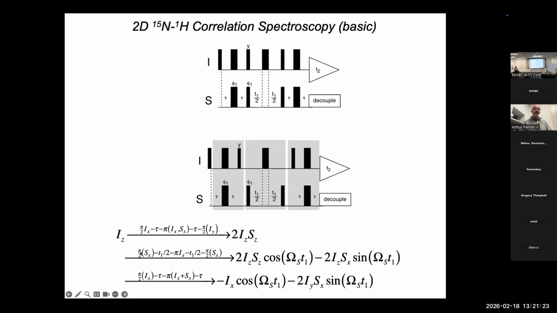Well, if this pulse here is suddenly minus X, that's going to change the phase after the pulse from minus Y to Y. So both of these terms are inverted. And at the end of the day, our first experiment was minus IX. The second experiment is going to be plus IX.